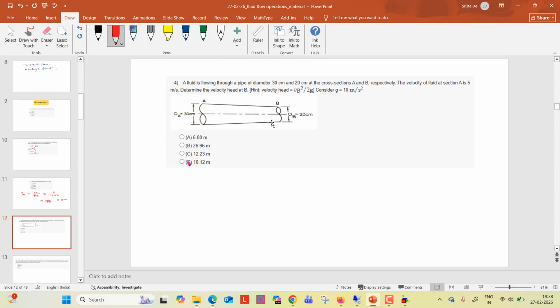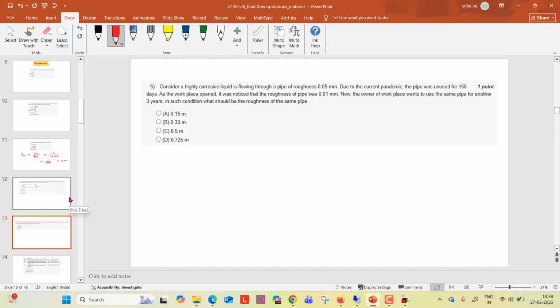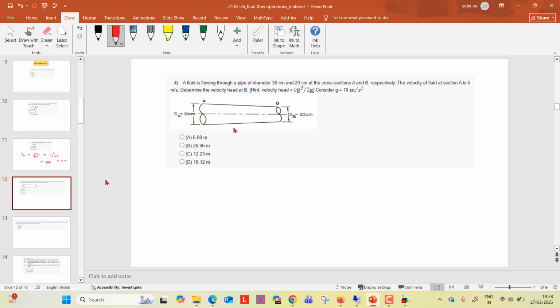Determine the velocity head at B. We have seen earlier in the last class A1 V1 equals A2 V2.